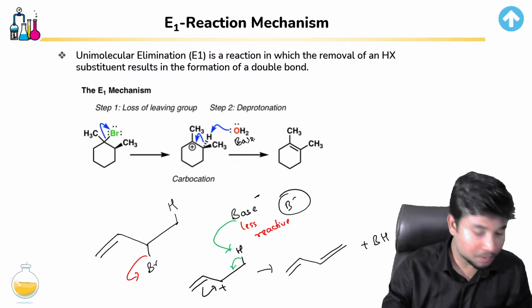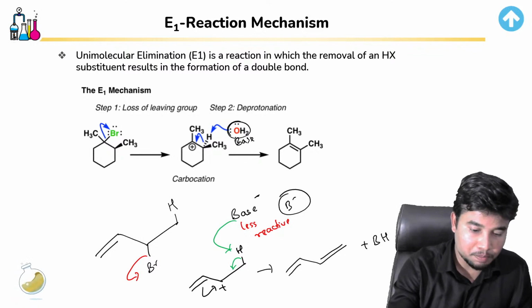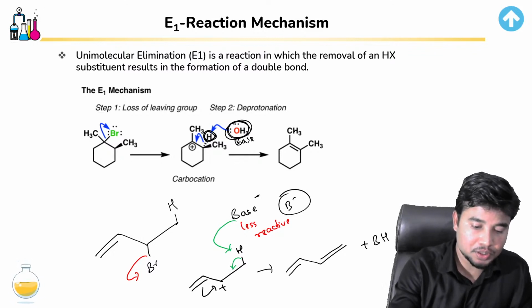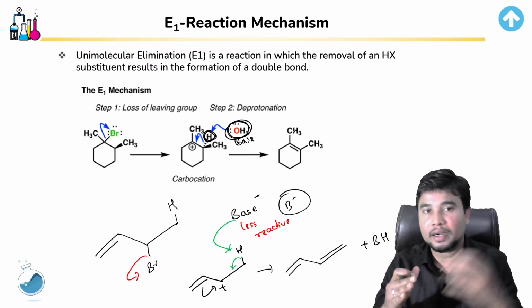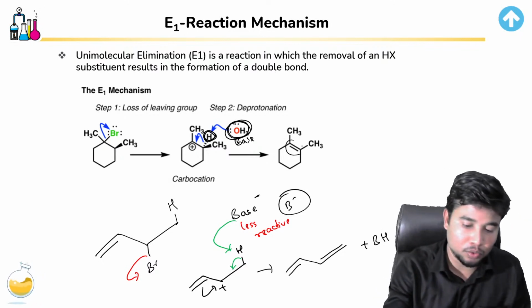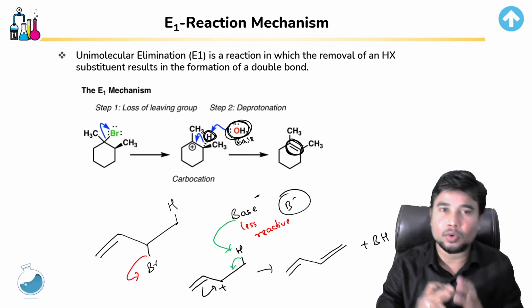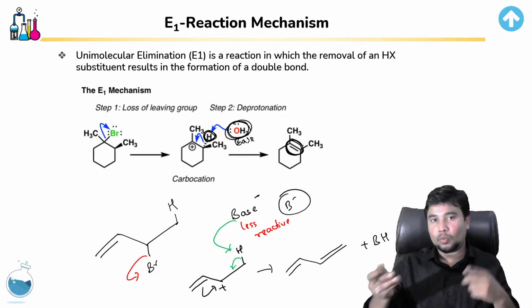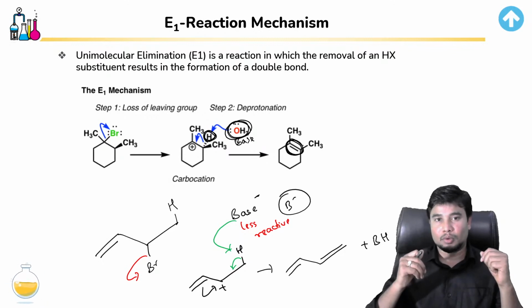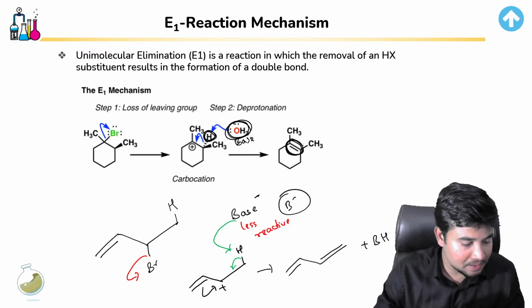So this base would take up the hydrogen, and this hydrogen's electron pair would still be left there, and that would make up a double bond over here. I hope you got the idea of how this hydrogen being taken out results in the formation of a double bond, right? And that is how it works out.